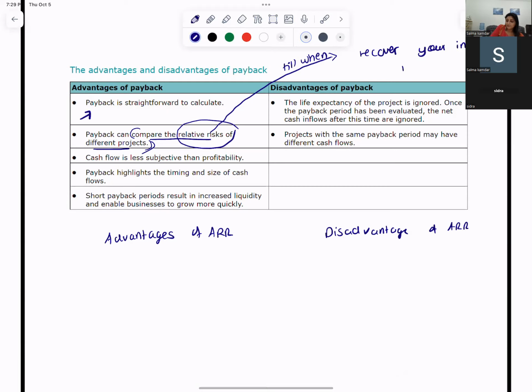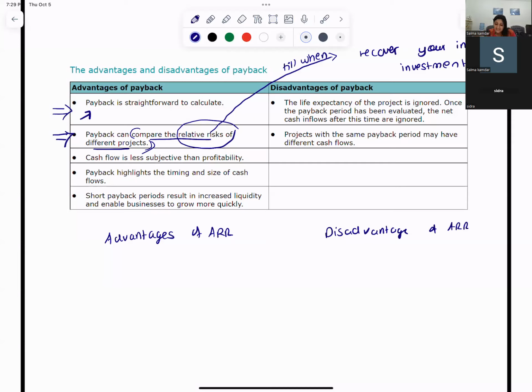Payback period tells you that you are at risk only till the time you recover your initial investment. So the advantages of payback period: it is easy to calculate, and it compares the risk of different projects.